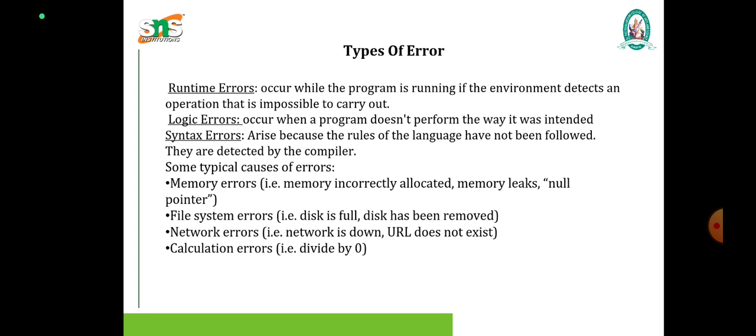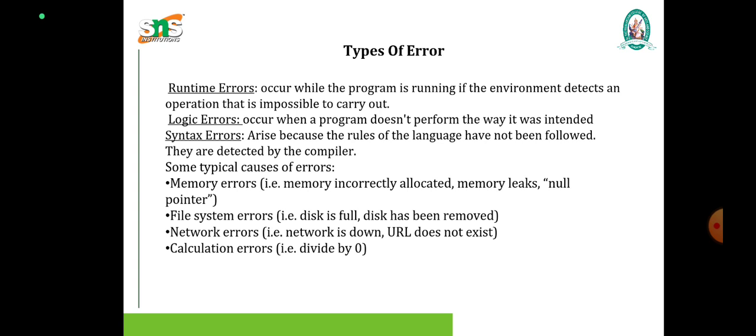Logic error: this error occurs when a program does not perform the way it was intended. The third one is syntax error. It arises because the rules of the language have not been followed properly. These types of errors are detected by the compiler.